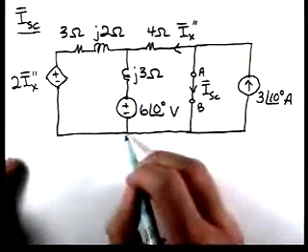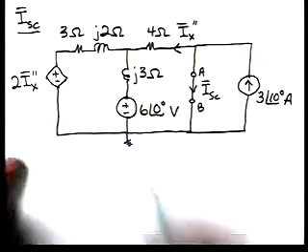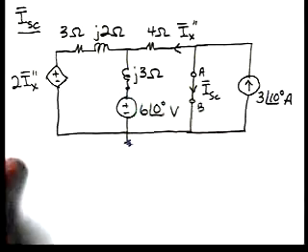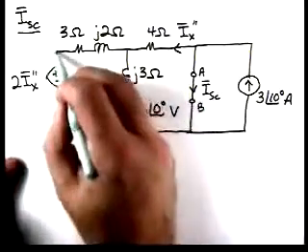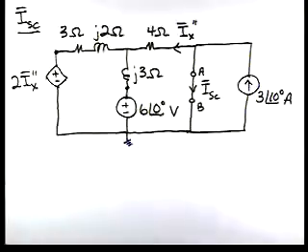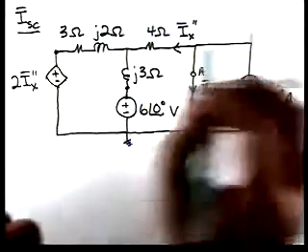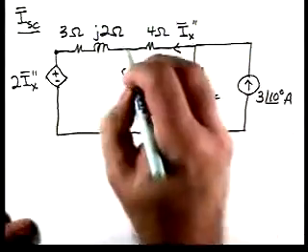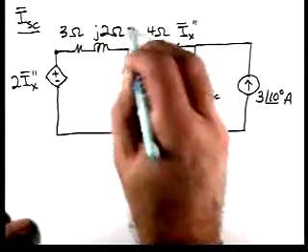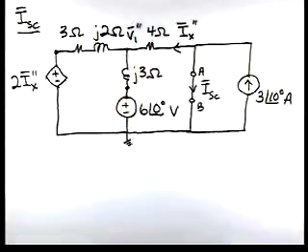If we pick this as a reference, that node voltage is known. This one we have a constraint on. Here we have really only one unknown node voltage again, and that's the voltage V1.